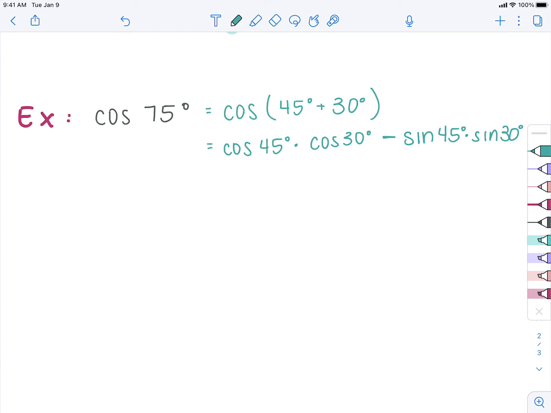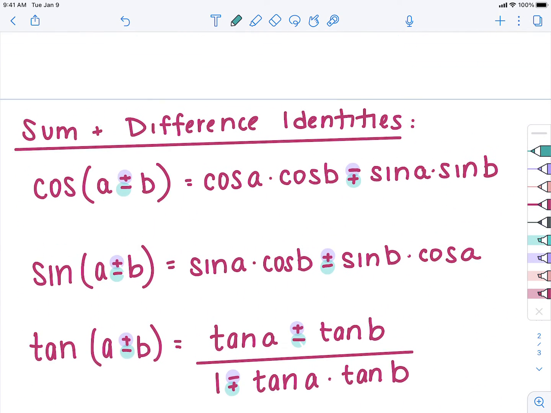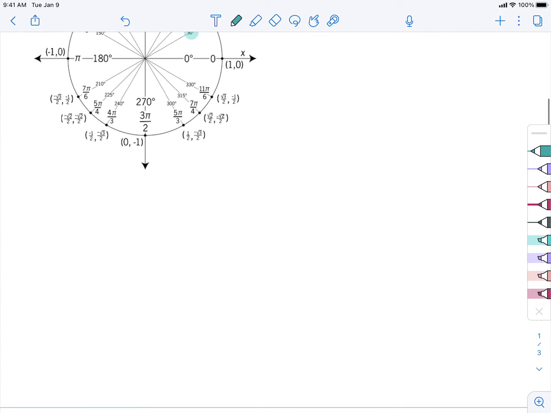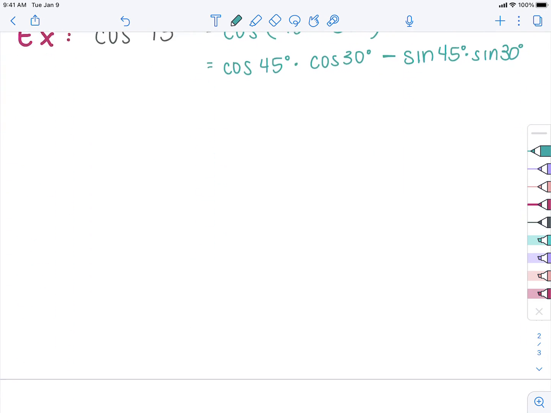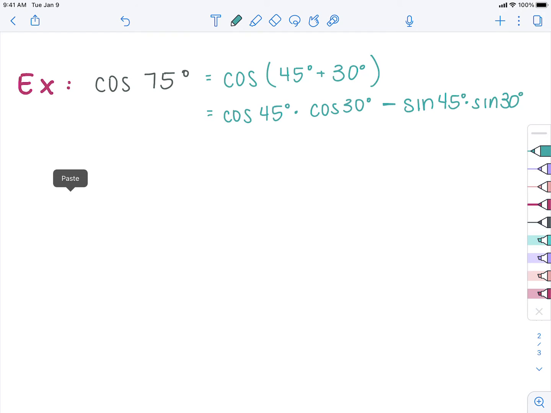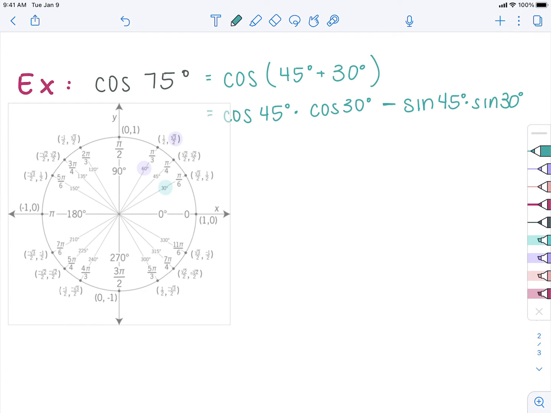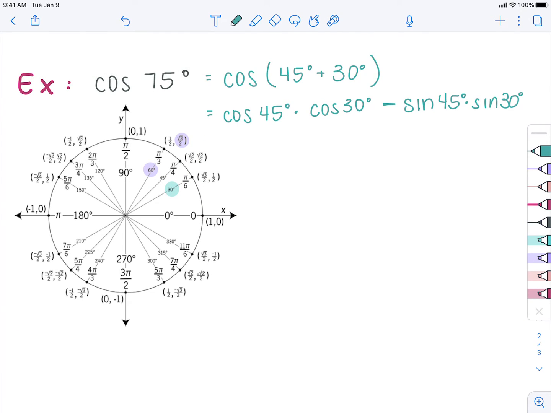All right. So now all I have to do is pull up my unit circle, which let me copy so that we can specifically reference it. Just in case we don't have it memorized, we can look at it and say, okay, the first thing I need to know is the cosine of 45 degrees.